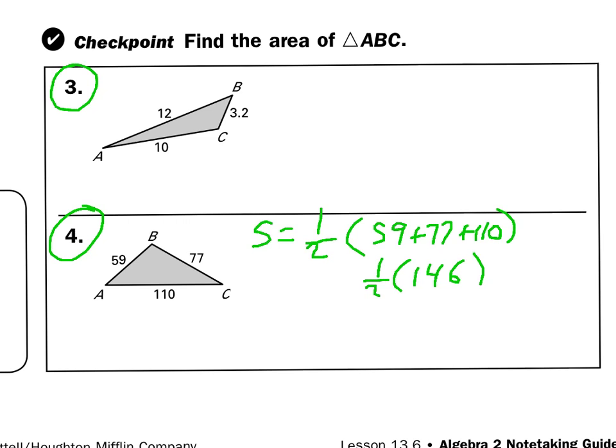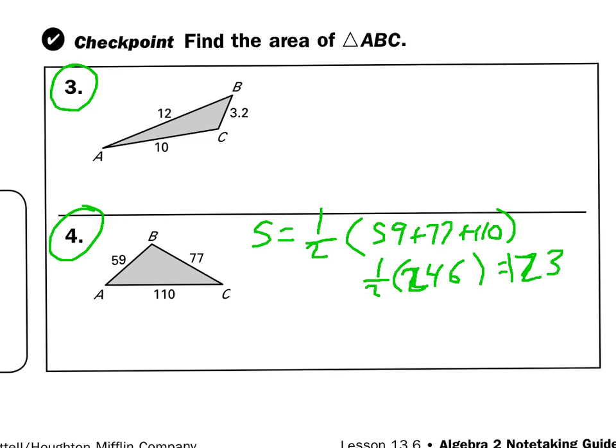Times 1/2 equals 73, I believe. And it looks like I made a mistake there somewhere. Yeah, that's not 146, that's 246. That would make a little more sense. And half of that would be 123. So my S number is 123.